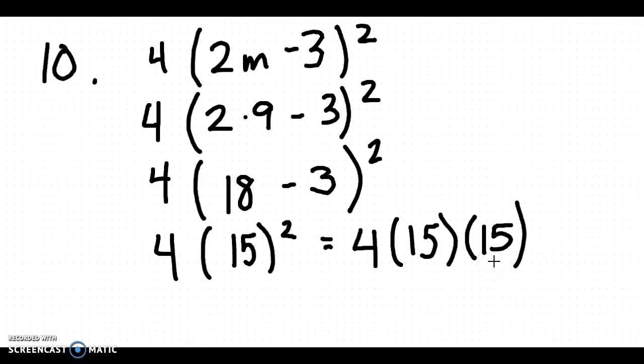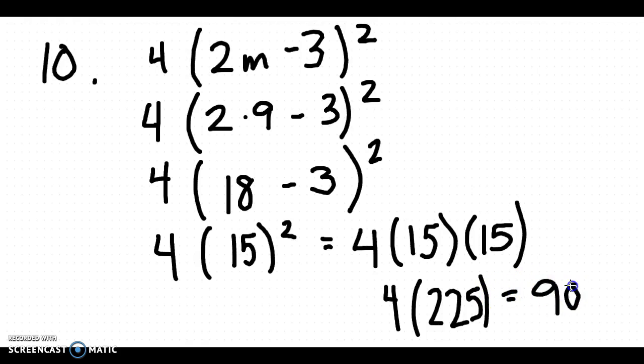And you can put that whole thing into your calculator, where you can consider 15 times 15 is 225 times 4, and that whole expression is going to give you 900 for your final answer.